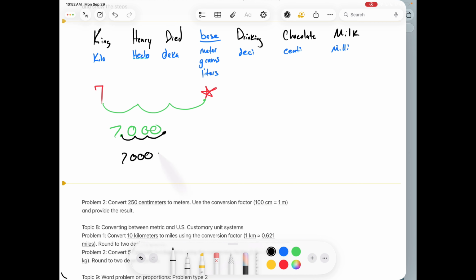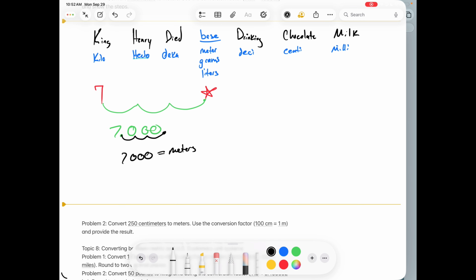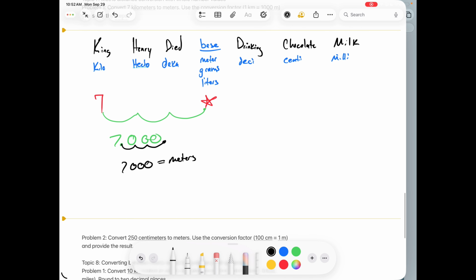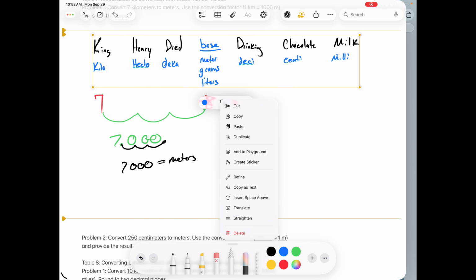So 7 kilometers is the same thing as 7,000 meters. In the explanation, they're going to talk about multiplying by 1,000 and different things like that. But this is definitely the easiest way to do it. You just move the decimal however many spots you have to.